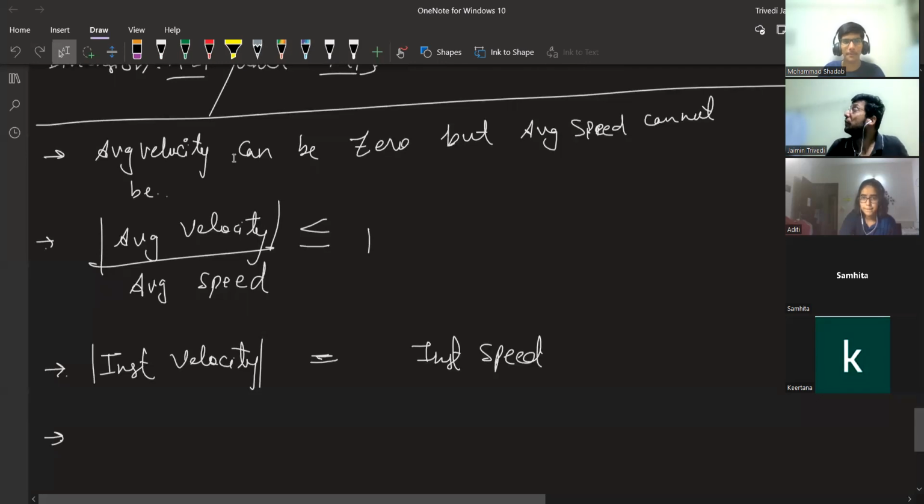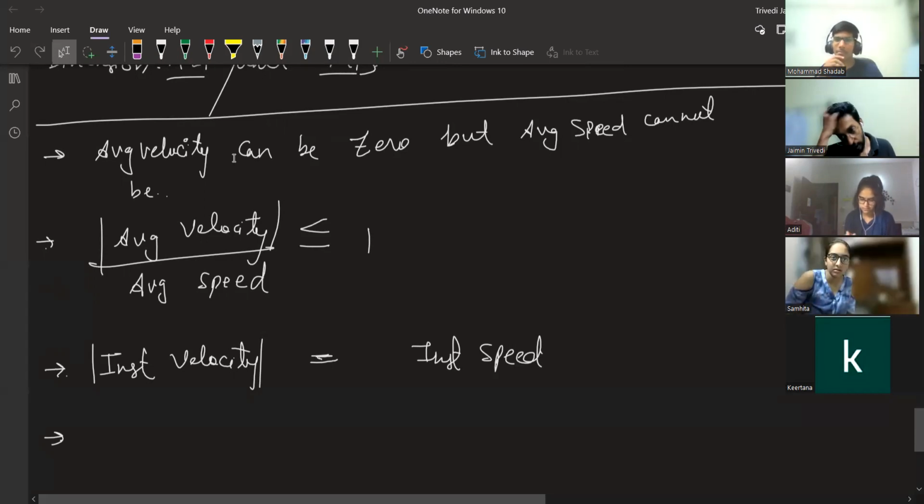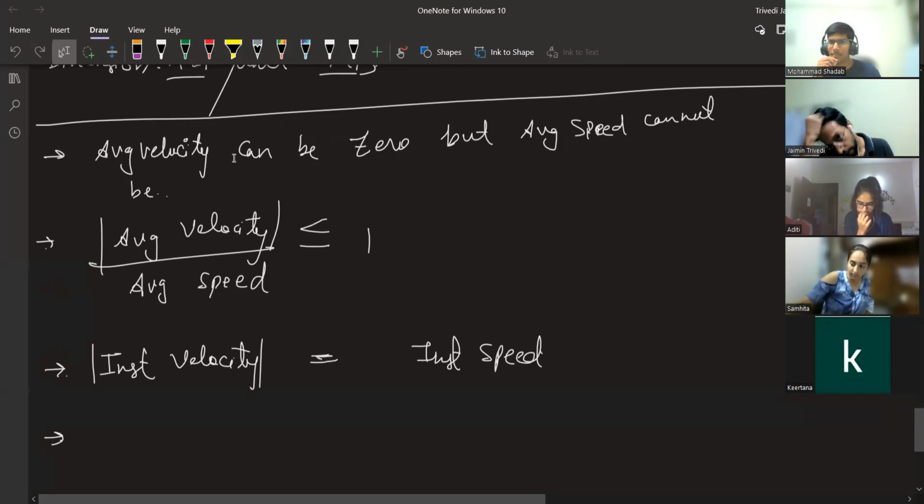Now, if I consider an object in curvilinear motion, how can I explain that? What is curvilinear motion? The object is traveling in a curved path. Object travels in a curved path. That is curvilinear motion.